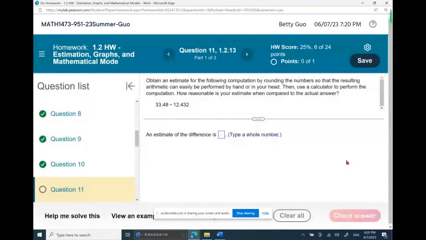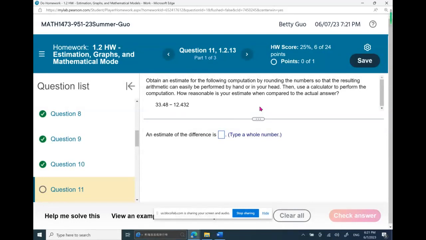In this case, we have a subtraction of decimals. Let's see what we're going to do. Obtain an estimate for the following computation by rounding the numbers so that the resulting arithmetic can easily be performed by hand or in your head. This kind of question is a little bit challenging because it takes your judgment.